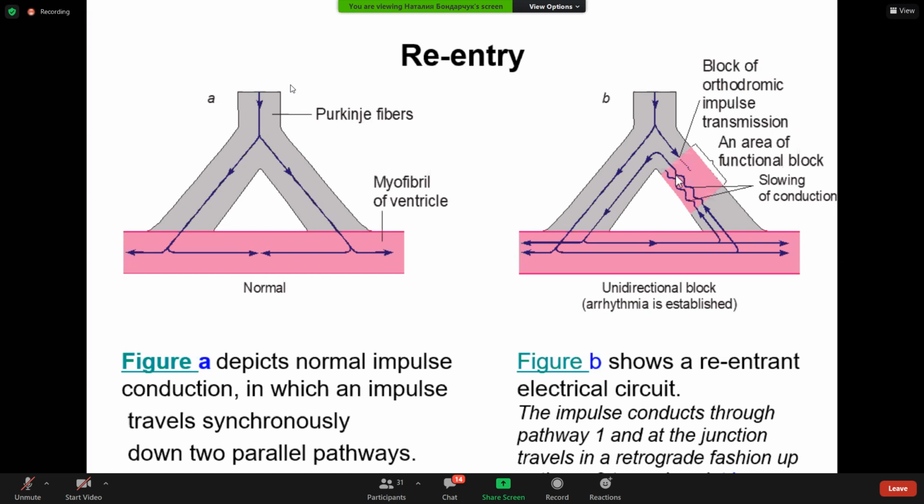In this region there is a block of orthodromic impulse transmission. The slow impulse can't go down, but you see, it can go through the opposite direction. Later we will discuss the origin of such a type of arrhythmia. It is called re-entry.